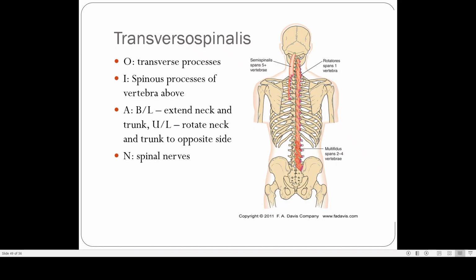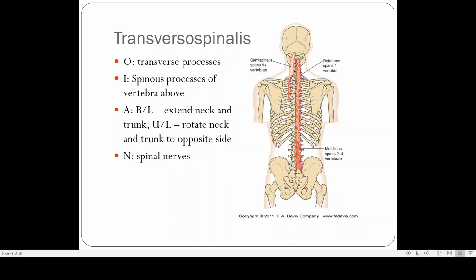We also have the transversospinalis group. This is also a group of muscles made up of the semispinalis, the rotators, and the multifidi, or multifidus. They come off the transverse process and insert on the spinous process above. How they insert is how you can differentiate which one is doing what.